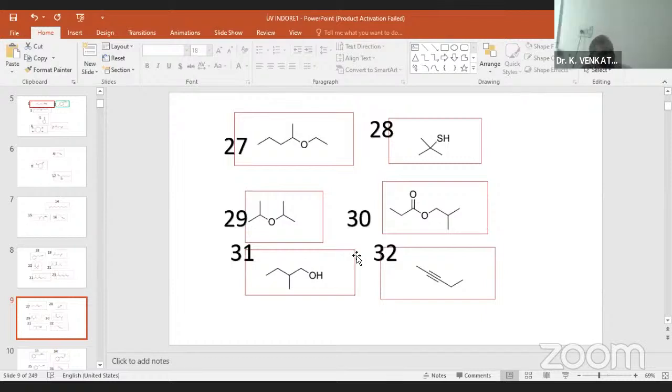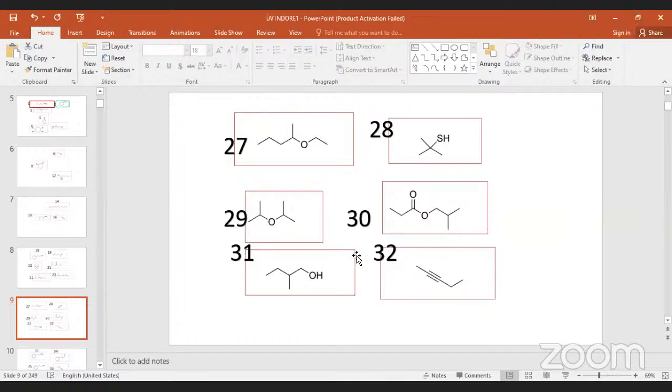Here, what type of functional group is present? Ester, sir. Yes, ester. When ester comes, the part with the more number of carbons, we connect with oate.